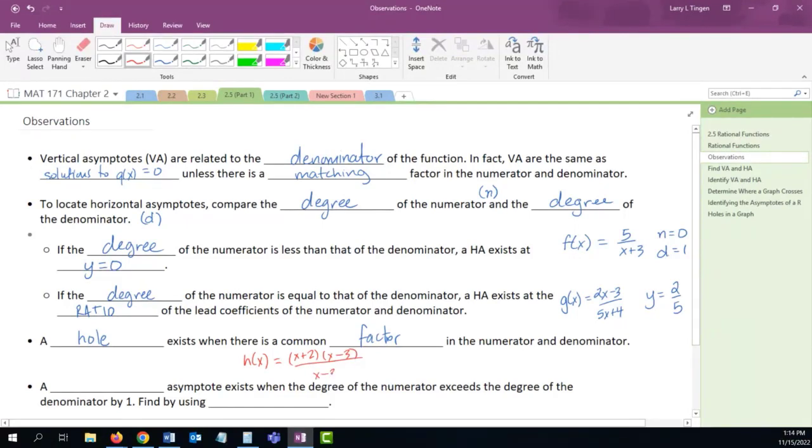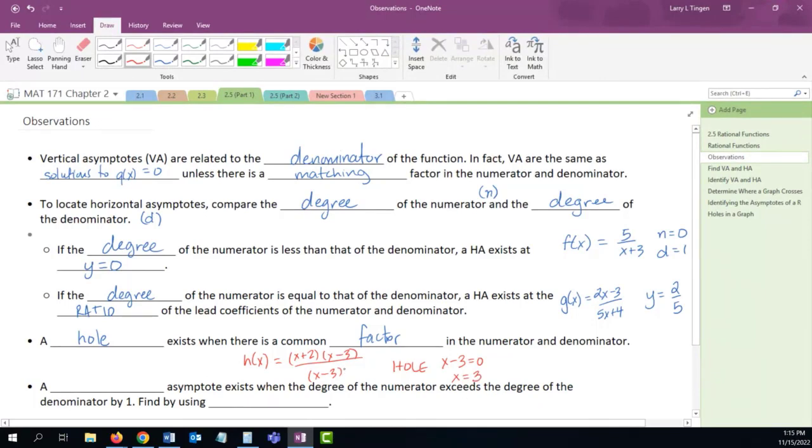I'm going to write this out already in factored form. If I give you h of x equals x plus 2 times x minus 3, divided by x minus 3, this means I have a hole at what? When x is 3.